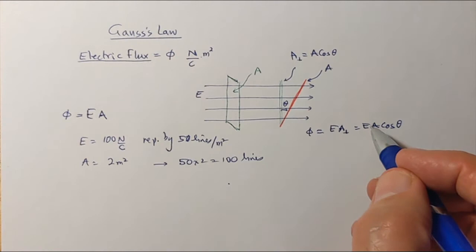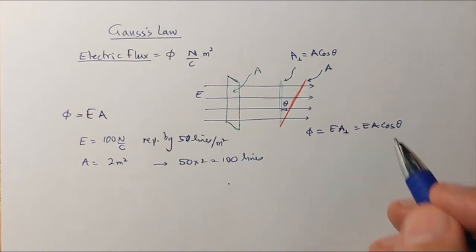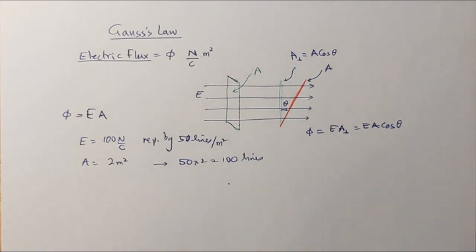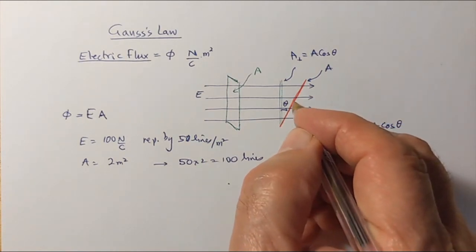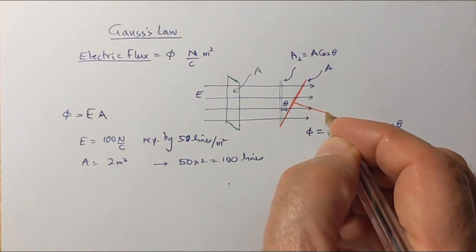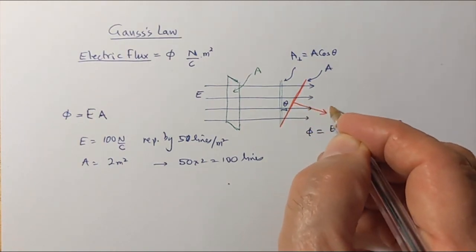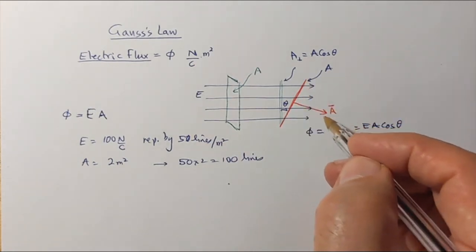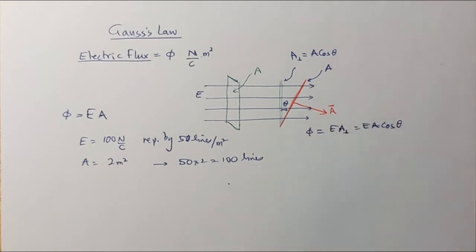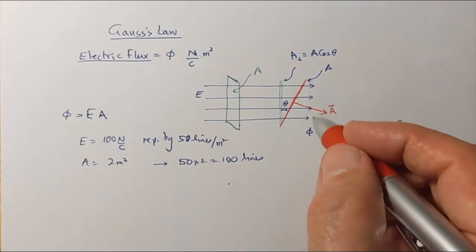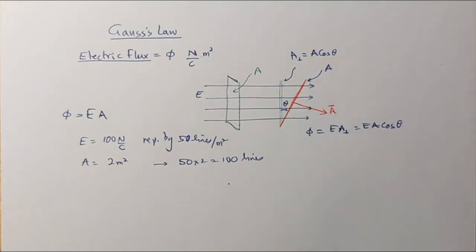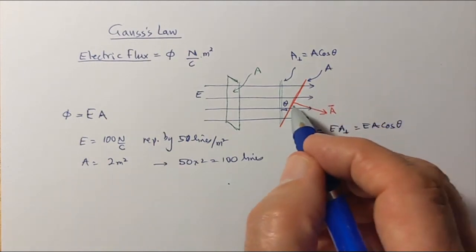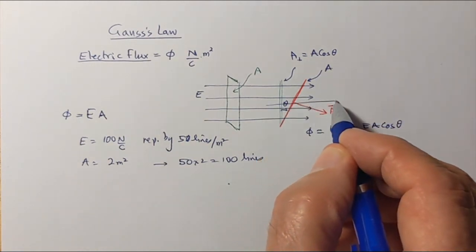Now the electric field is a vector and the area is a vector, and the direction of the area is perpendicular to the area. This is the direction of the area, and we can write the area as pointing in this direction, and that's the unit vector, and that's the vector area. And then this is the electric field.